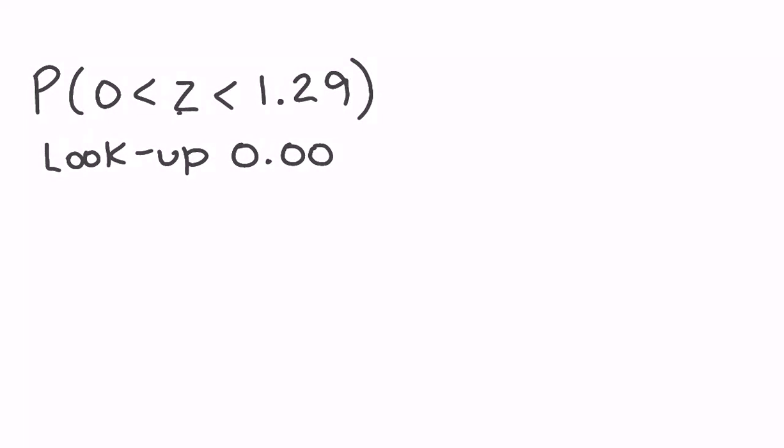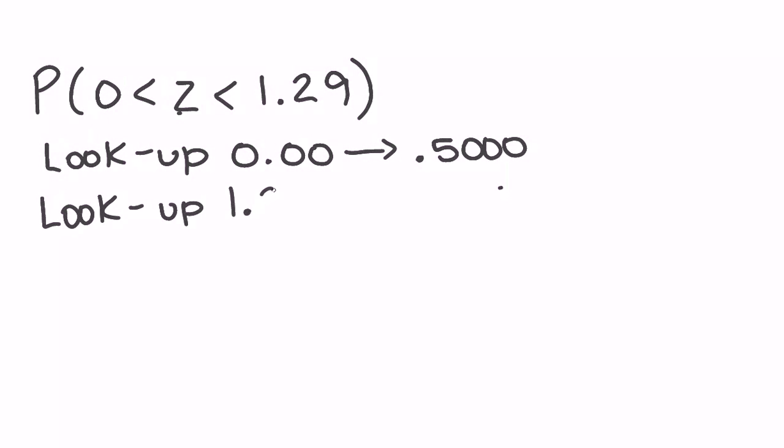If you look up 0.00 on the chart, you get a chart value of 0.5000. Next, I'm going to look up the other number. If you look up 1.29 on your Z table, you should get a chart value of 0.9015.